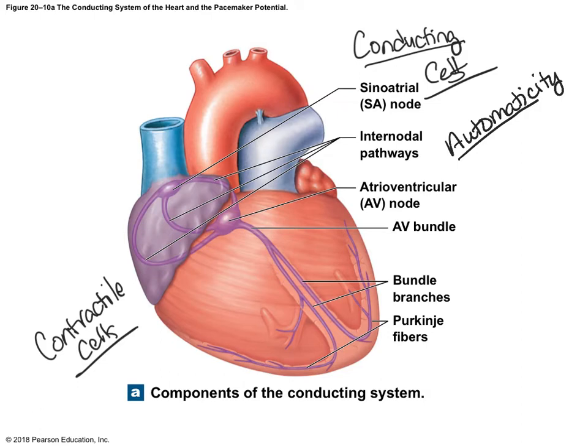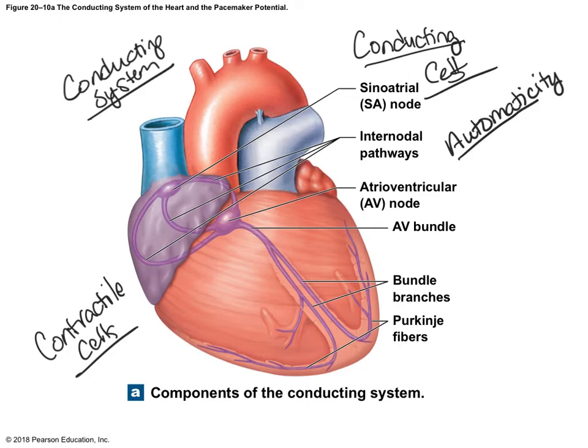So these conducting cells make up the system that we call the conducting system. And there's several groups and pathways involved in this conducting system. The conducting cells are responsible for initiating and distributing the stimulus to contract.